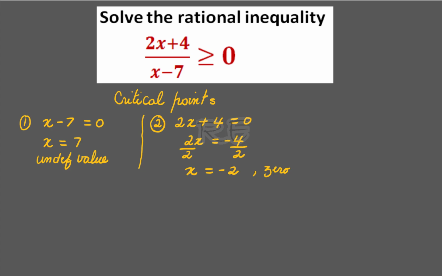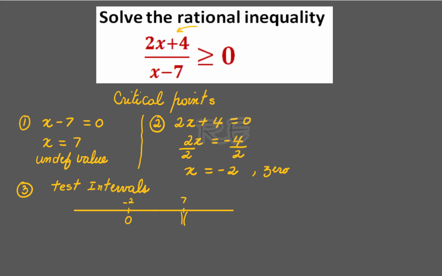Now we're going to look for the test intervals. Our test intervals will be negative infinity to negative 2, negative 2 to positive 7, and positive 7 to positive infinity.